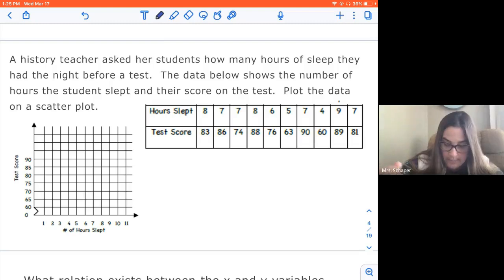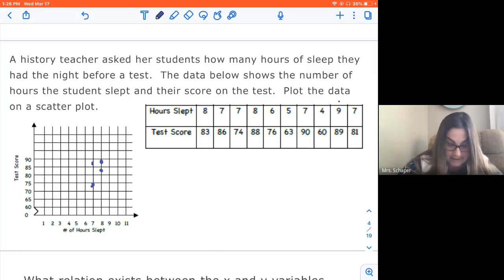And so, hours slept was 8, I've got 83. Hours slept was 7, we've got 86. I just realized I put those on two of the wrong spots. So 86, 83, 74, 8 and 88.